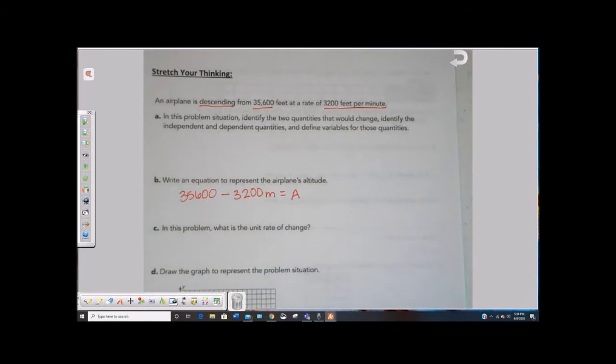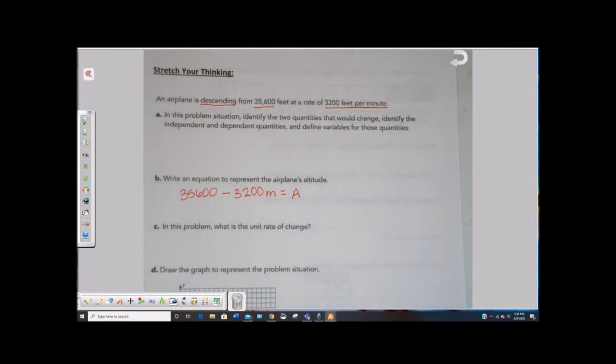Now looking at A. Independent means that it doesn't depend on something else in order for it to change.